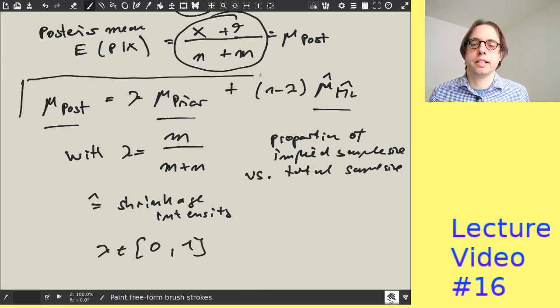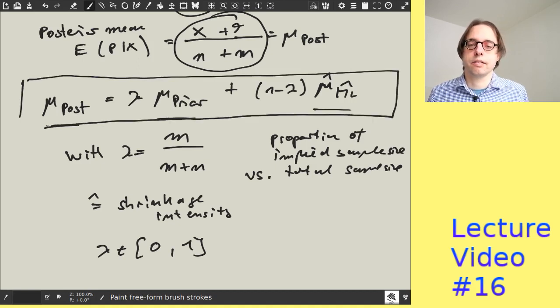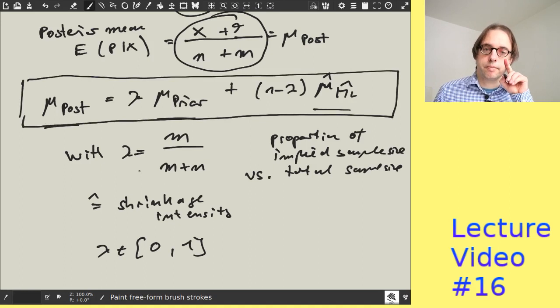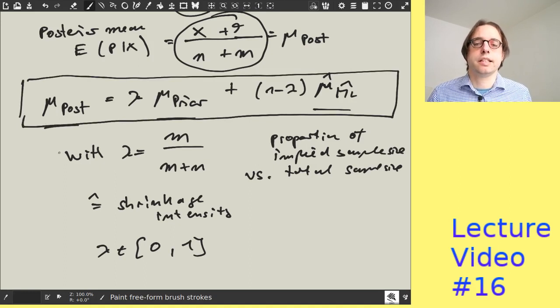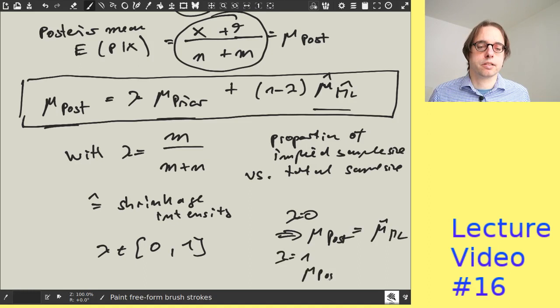And what you see here is that the posterior mean is an update of the maximum likelihood. If lambda is 0, then we get mu post equals mu hat ML, and if lambda equals 1, then mu post equals mu prior.